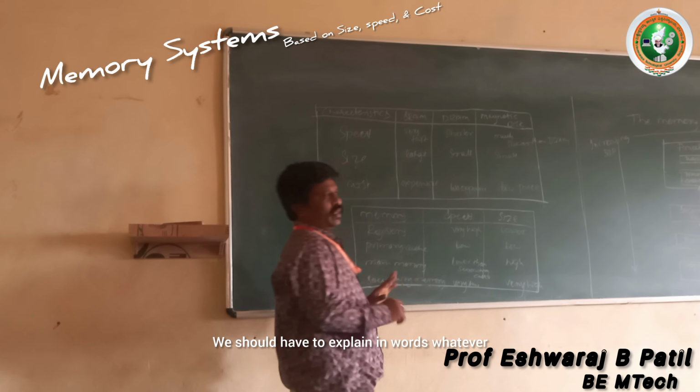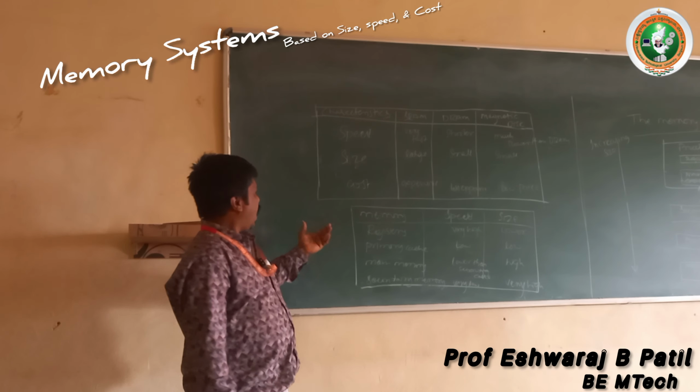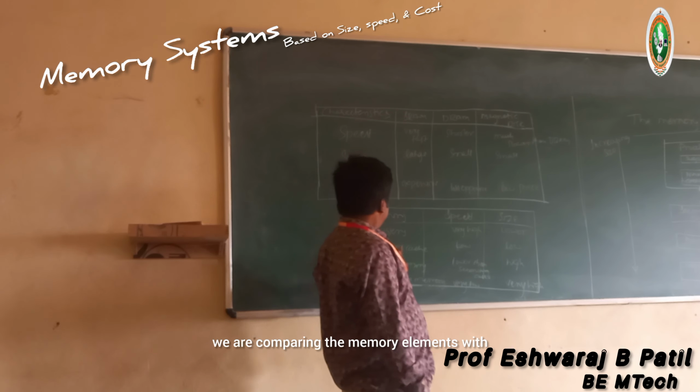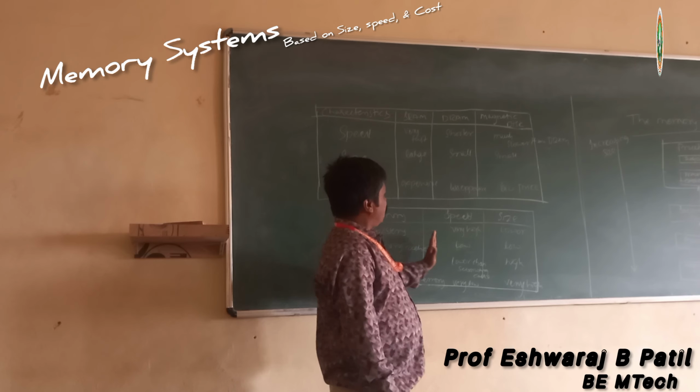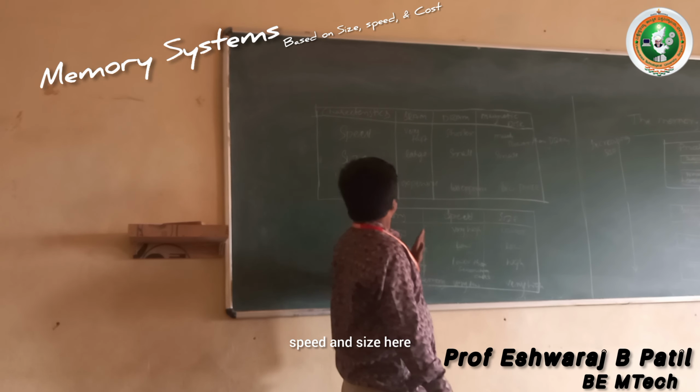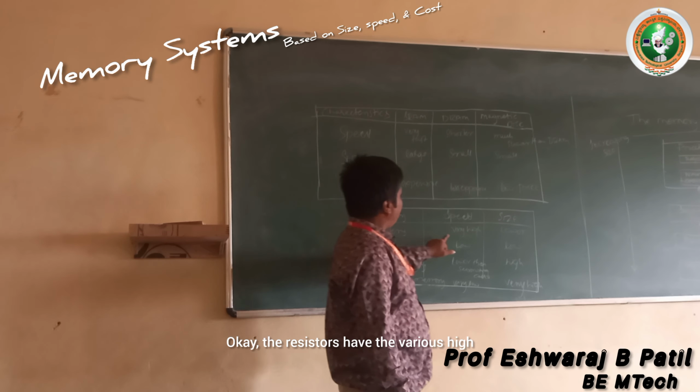We should explain in words whatever is written on the board. Coming to this table, we are comparing the memory elements with speed and size. The registers have very high speed.